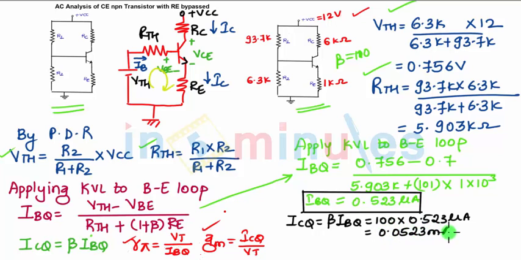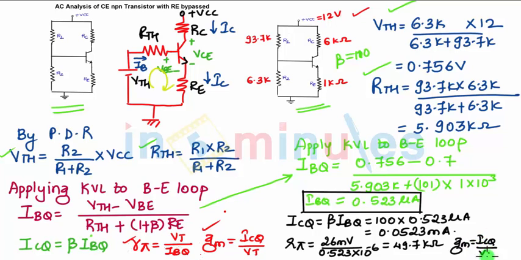Once you know ICQ, you can find r pi, which is, you can say, VT is 26 millivolts divided by IBQ, which is 0.523 into 10 raised to minus 6. So this will give you r pi as 49.7 kilo ohms, and gm you can find as ICQ upon VT.